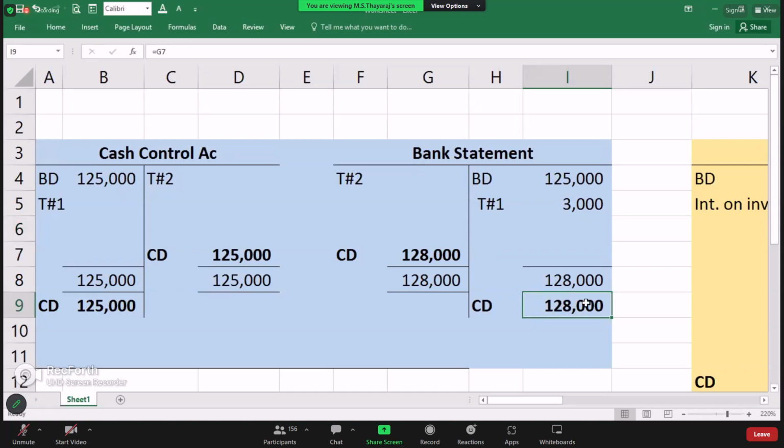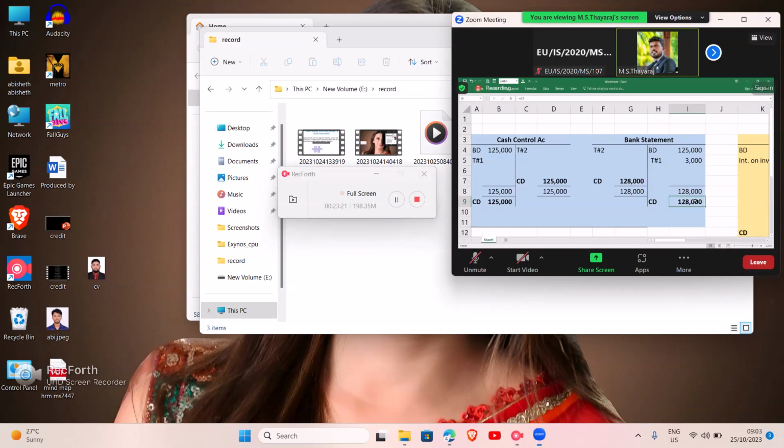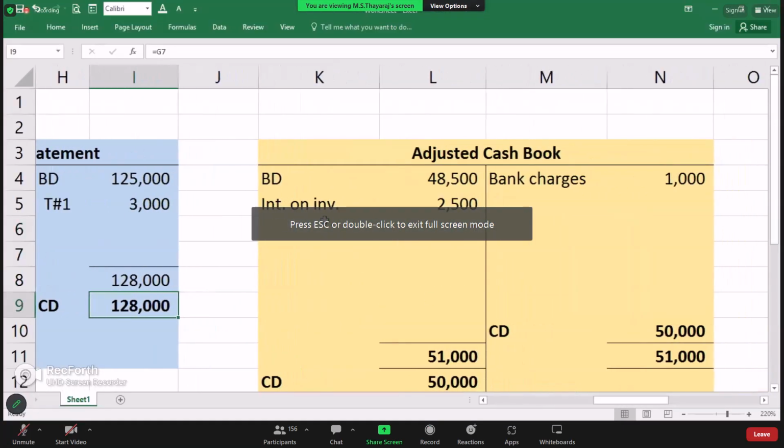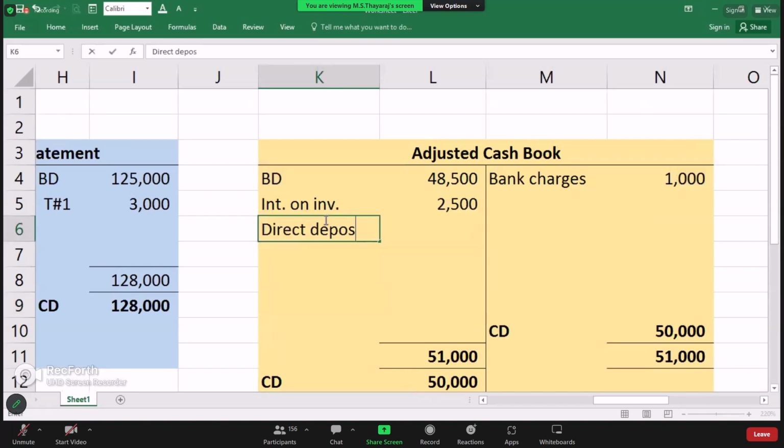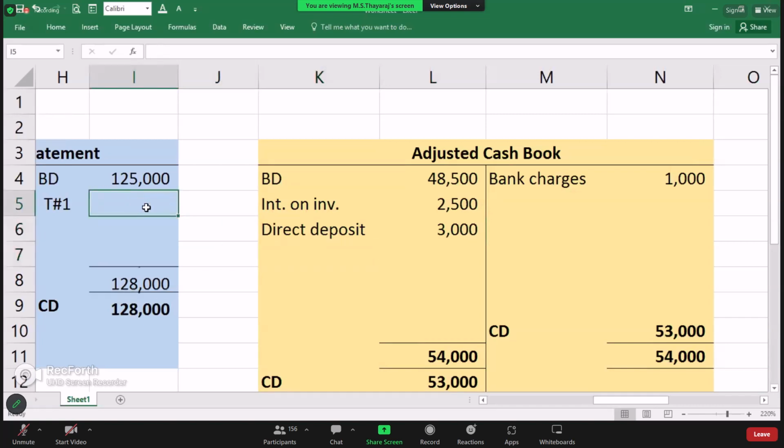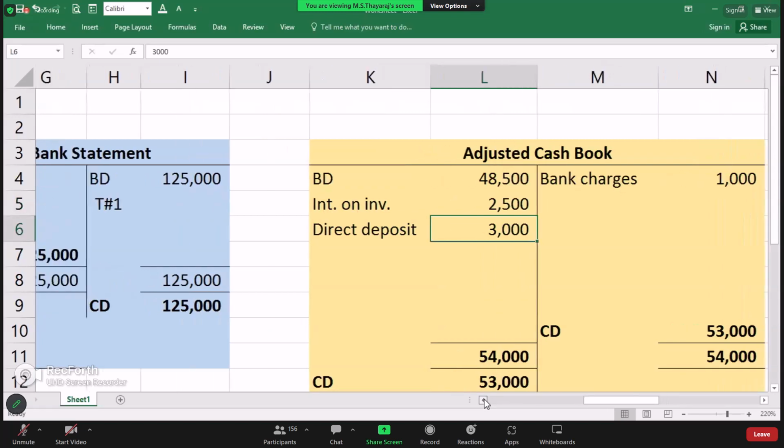Therefore, we have to add the direct deposit 3,000 in the adjusted cash book. It will increase our cash book balance, so it will be considered in the adjusted cash book as 3,000 debit.